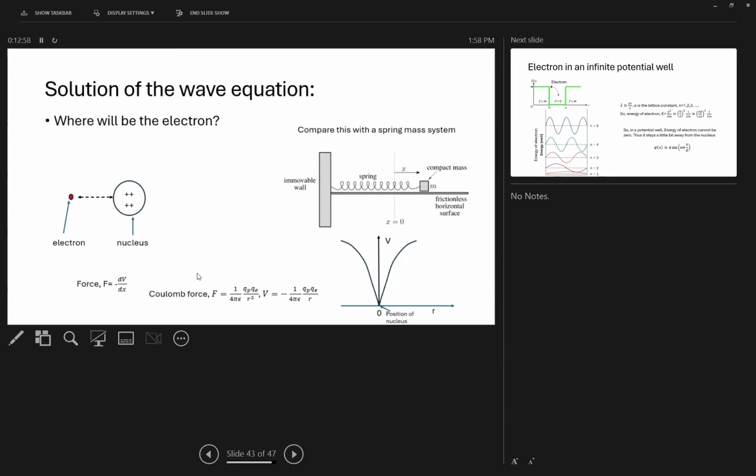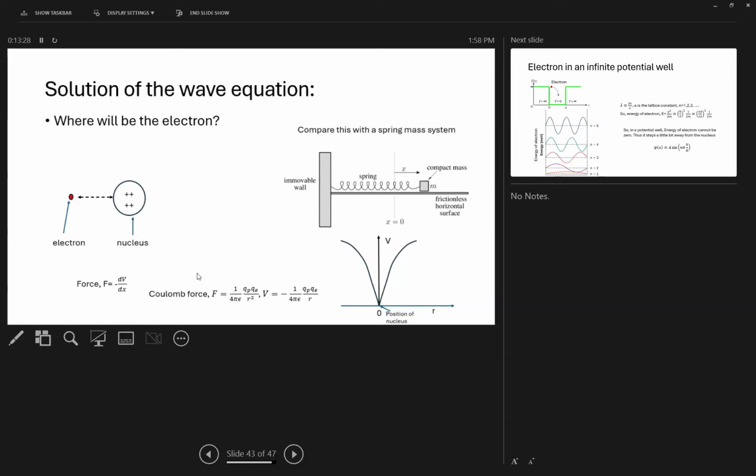In order to find the potential, we first need to find the force between them. The force can be found using Coulomb's law, which says force is equal to the charge of the electron multiplied by the charge of the proton divided by the distance squared, r squared. From this equation, we can find the potential energy, which is simply the integration of F dr.